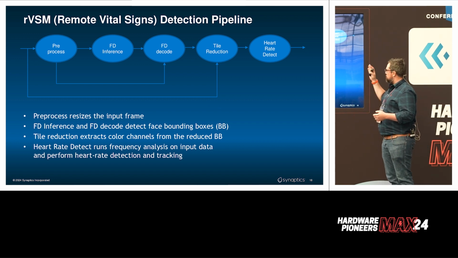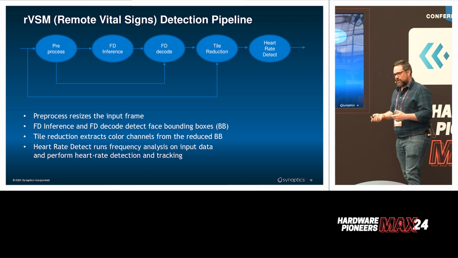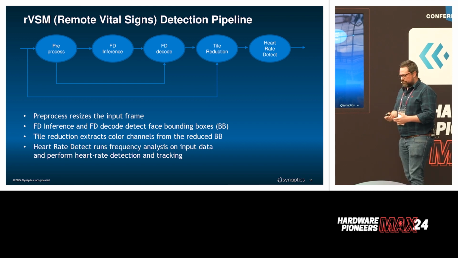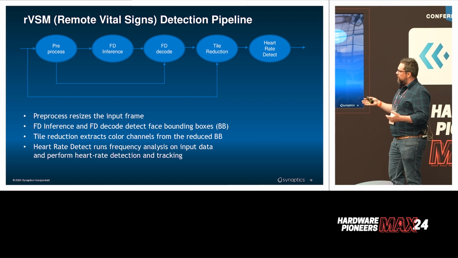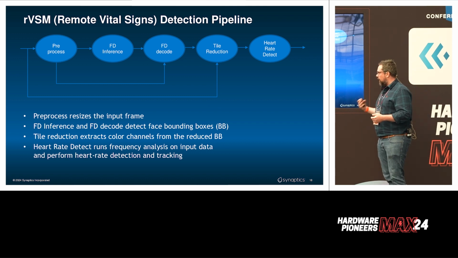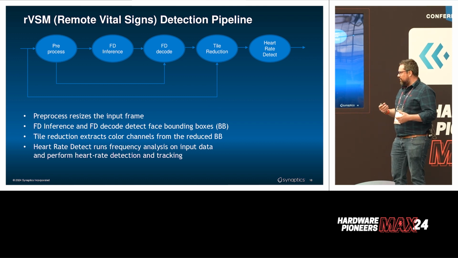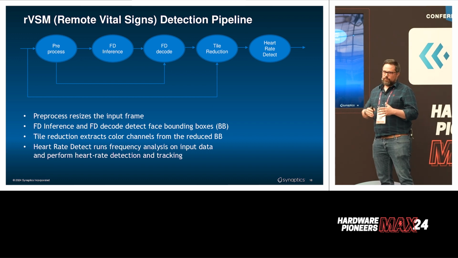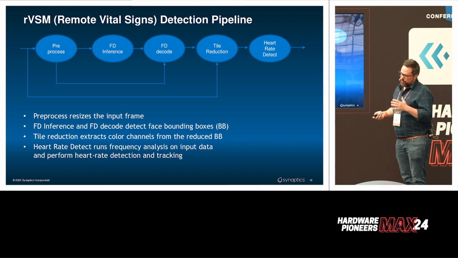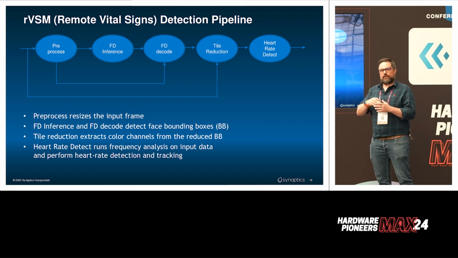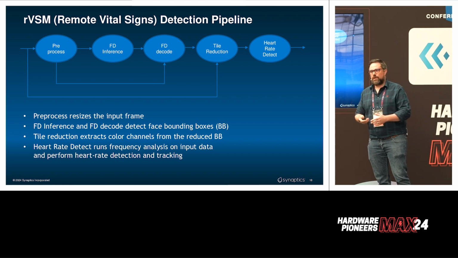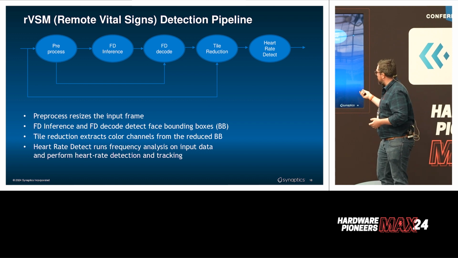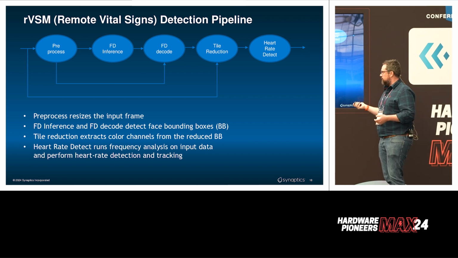Then they do the tile reduction to extract the color channel from the reduced bounding box. Then they run heart rate frequency analysis on the input data, and they do the heart rate detection and the tracking. So this is really on the video. What they really need is a good face detector that can then run the solution. Then they run their algorithm to extract the heart rate.